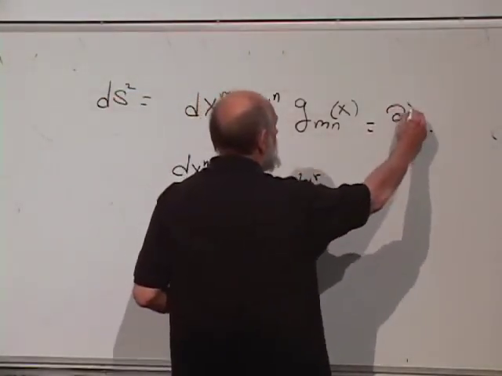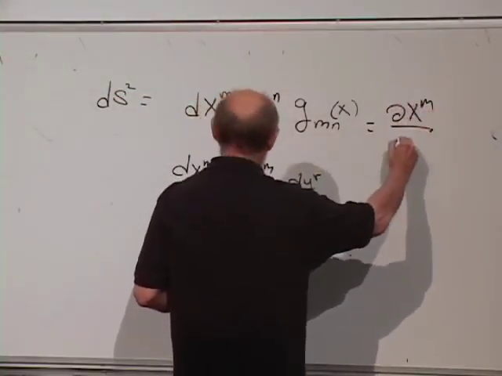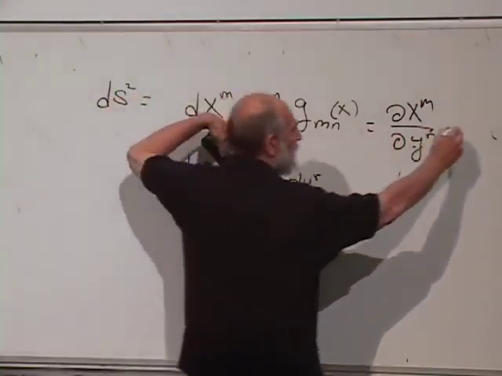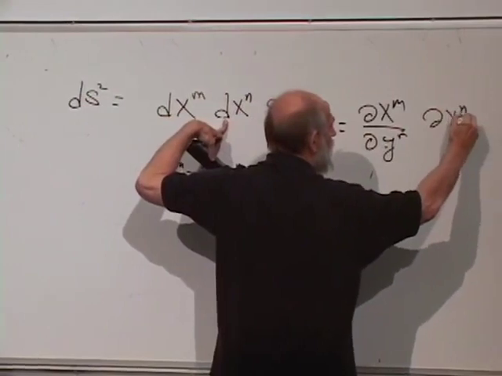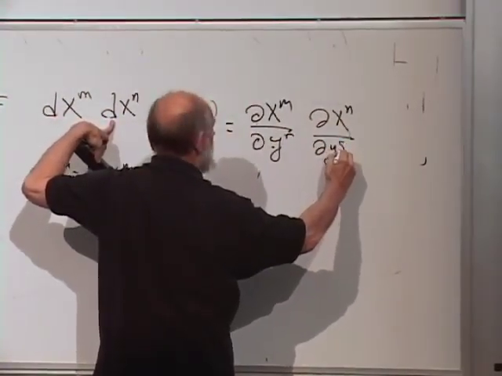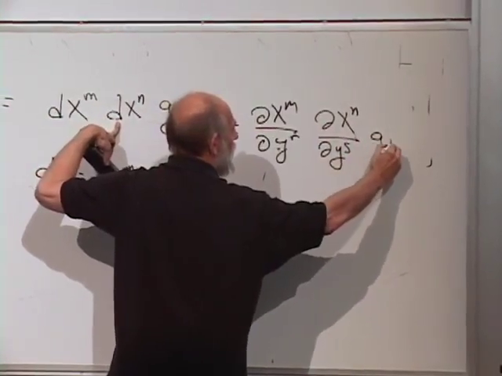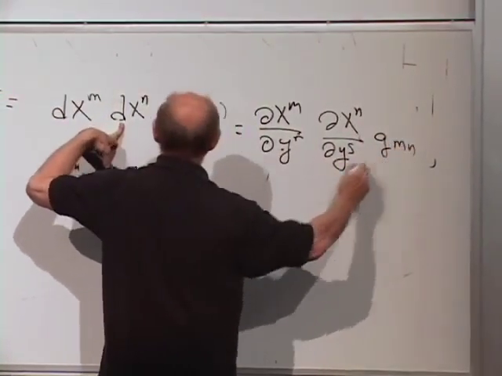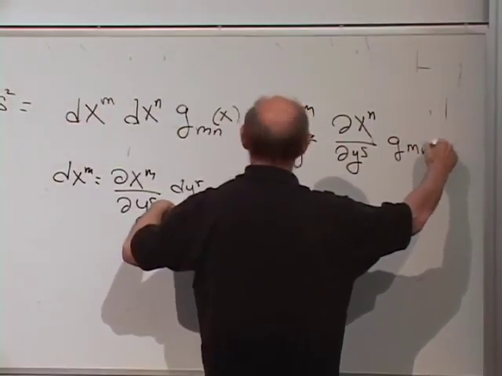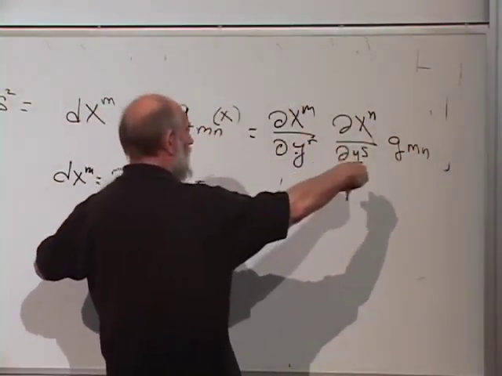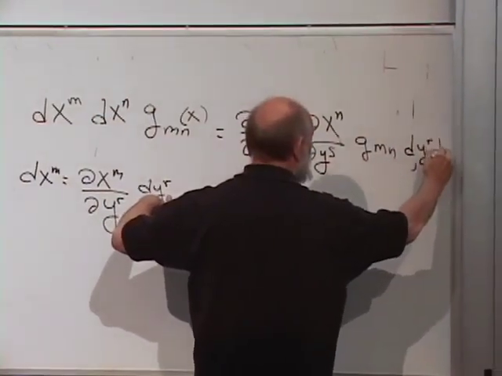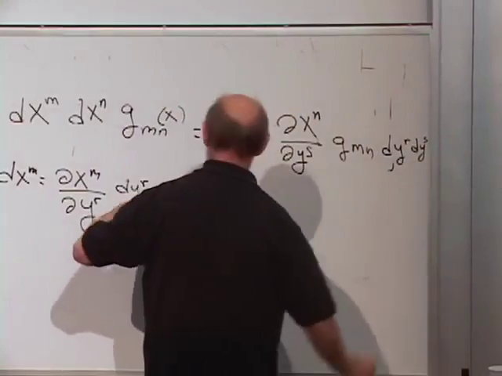I'll find the derivative of x^m with respect to y^r, then dx^n by dy^s, times g_mn, times dy^r dy^s.